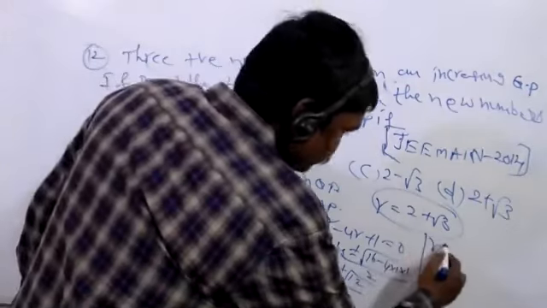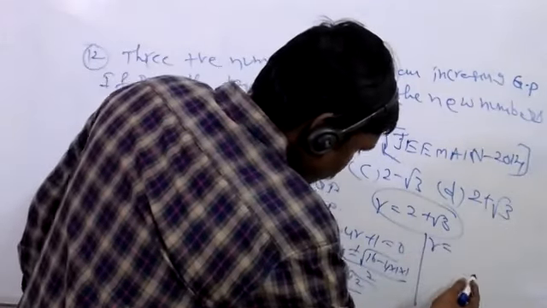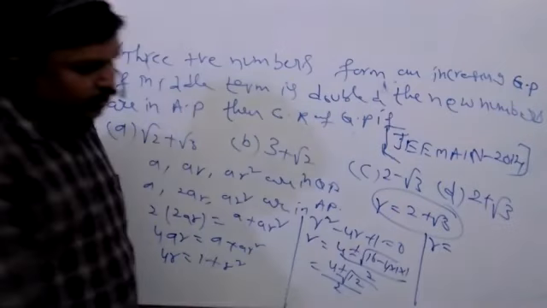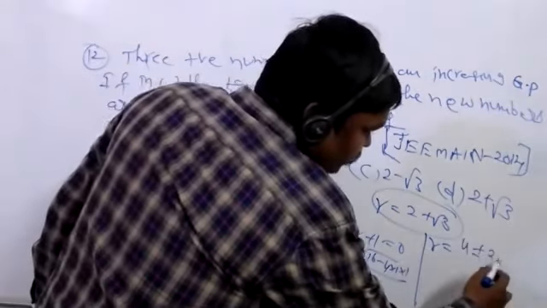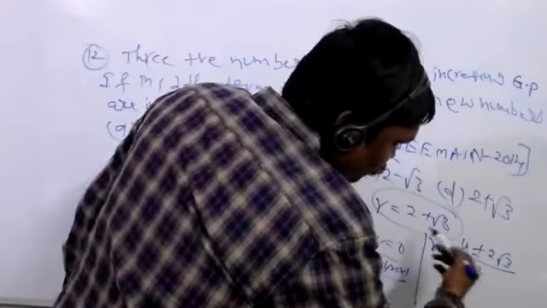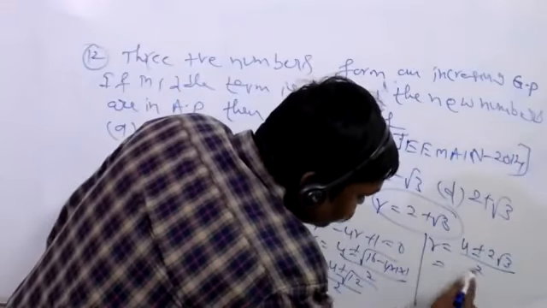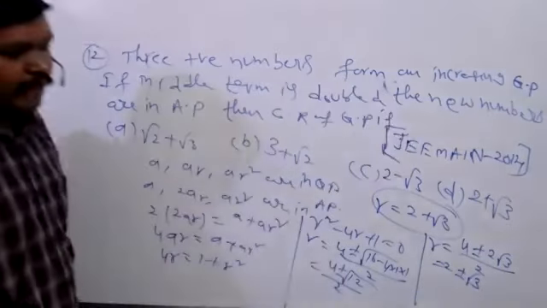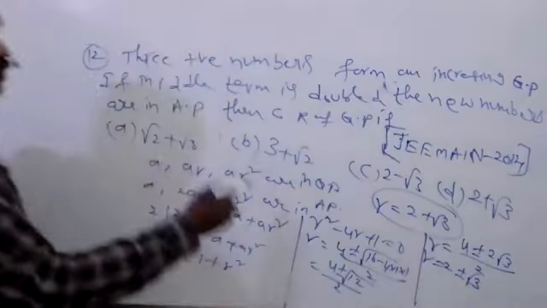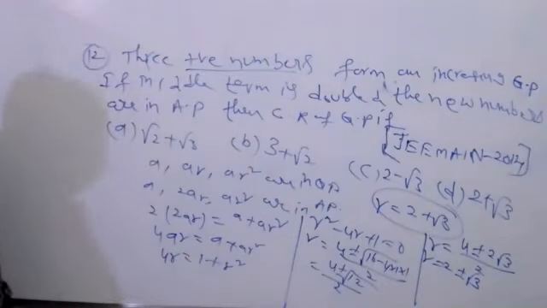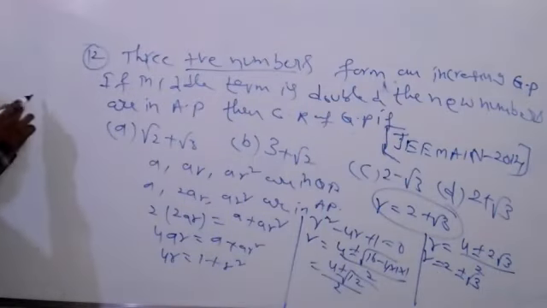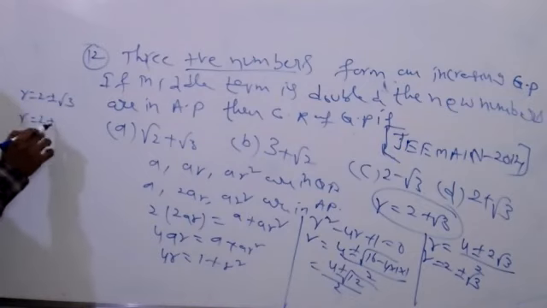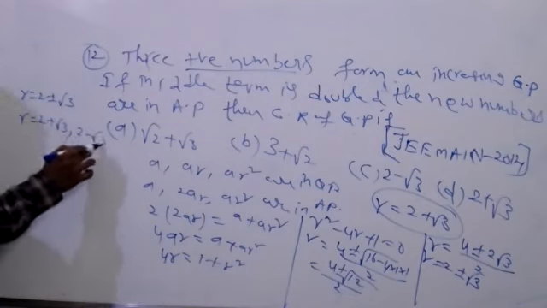R is equal to 4 plus or minus 2 root 3 upon 2. 2 is common, 2 gets cancelled. 2 plus or minus root 3. Since the positive numbers form an increasing GP, R is equal to 2 plus root 3 and 2 minus root 3.